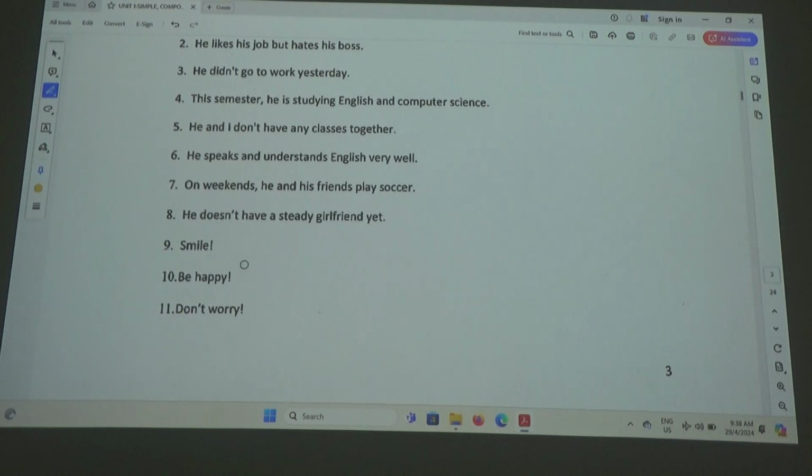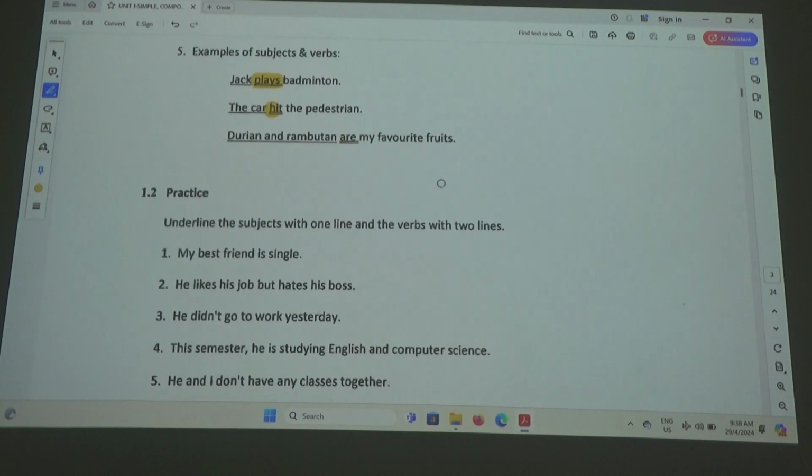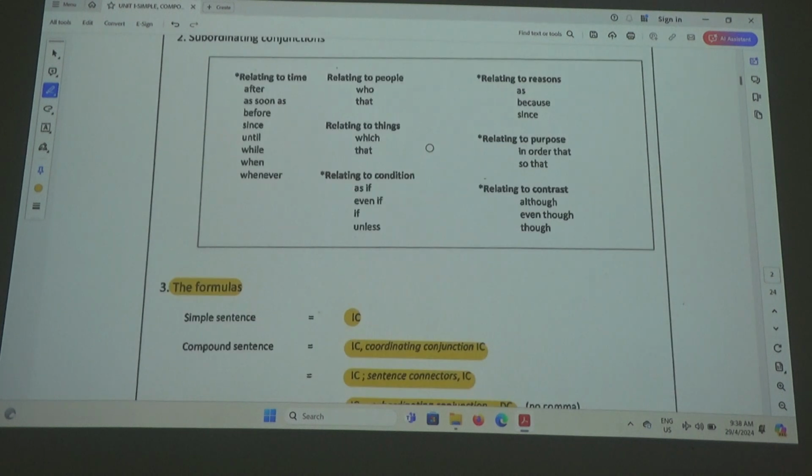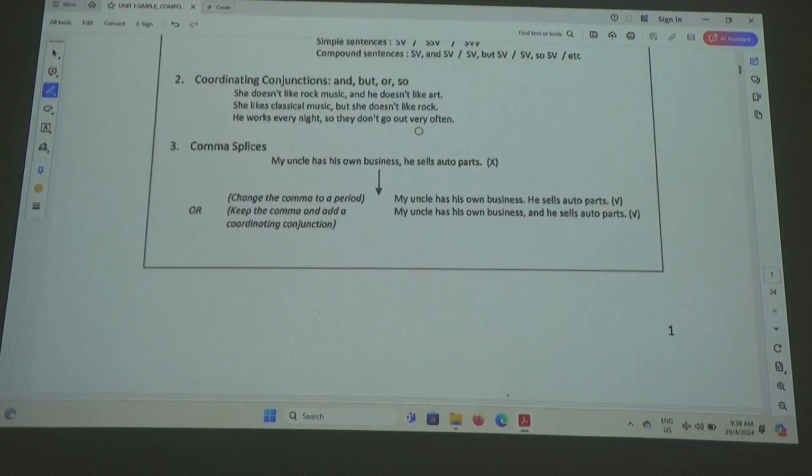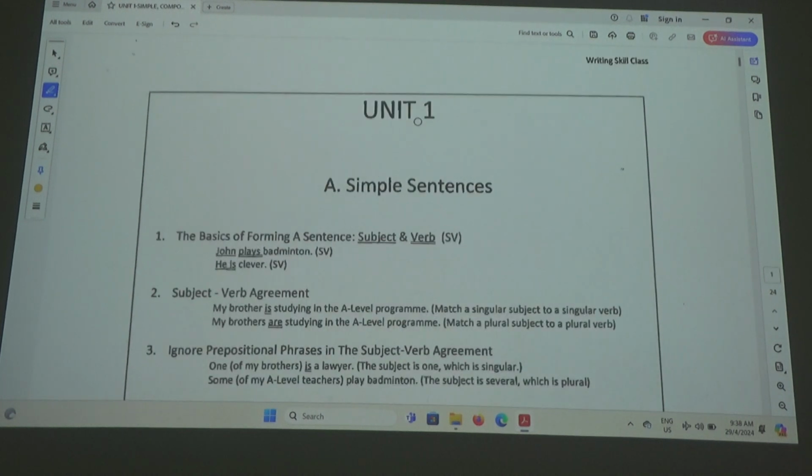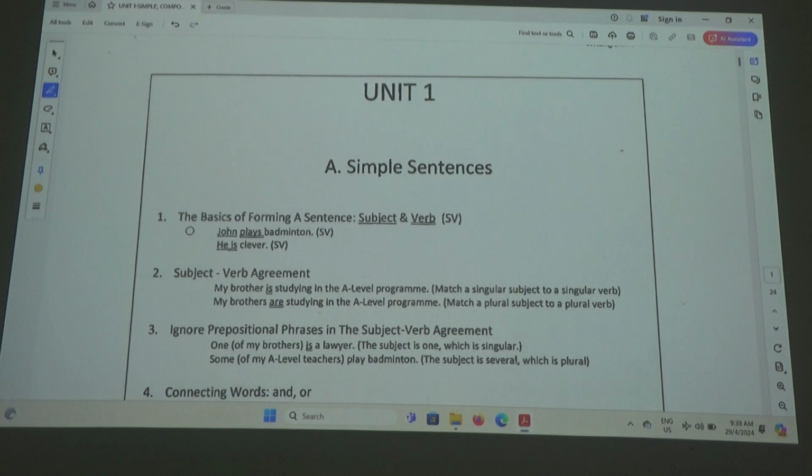Okay, look at number 9. Yeah? This word, smile. Is that a complete sentence? Yes or no? Because, you see, in our understanding, if you look at the first page in this lesson, we say the basics of forming a sentence is it must have a subject and a verb.